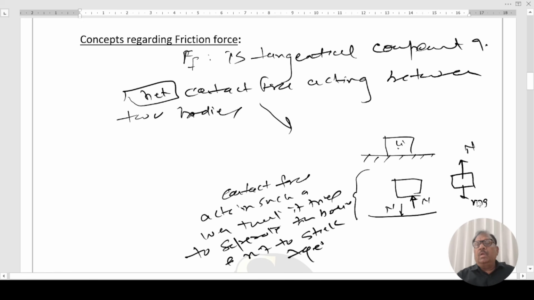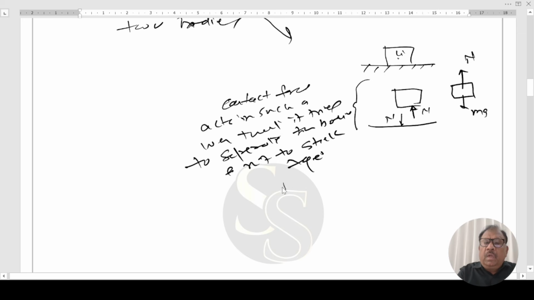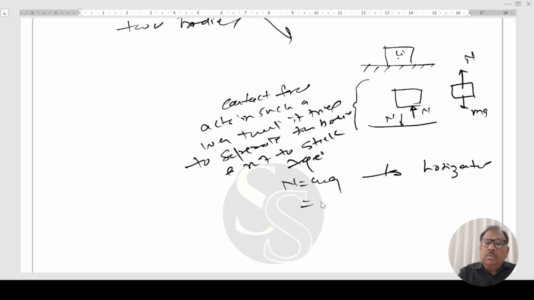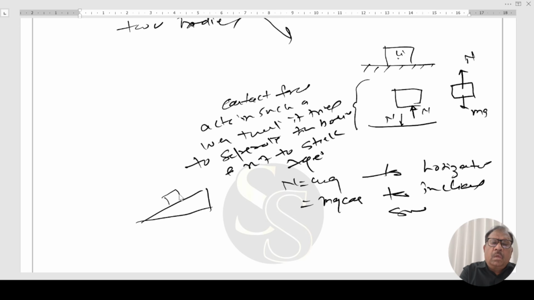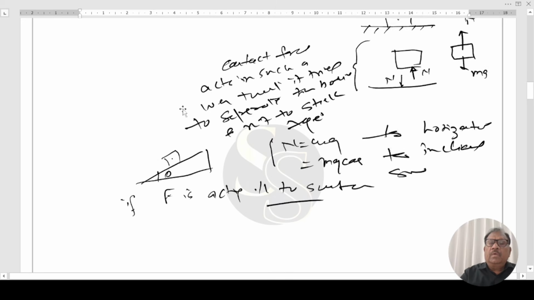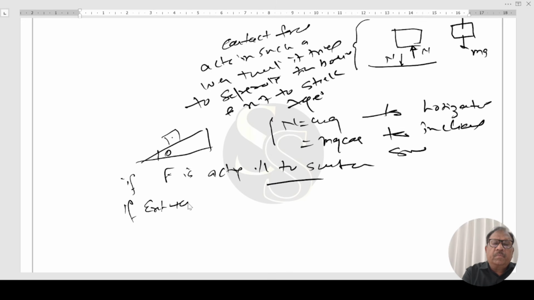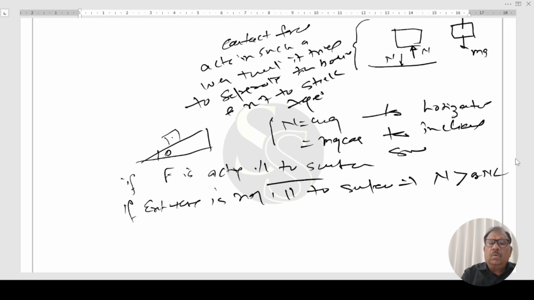Now, contact force N equals mg for a horizontal surface if no external force is acting, and N equals mg cos theta for an inclined surface, if F is acting parallel to the surface. If the external force is not parallel to the surface, then N may rise or N may be lower.